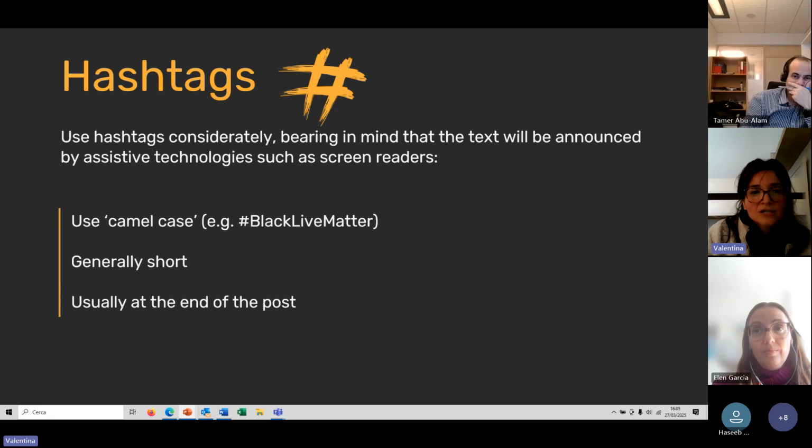So when you use a hashtag, you should always use camel case, I mean, the capital letter at the beginning of every word, because that is easier for those using assistive technology. And generally, you should put the hashtag at the end of your text, and try to keep it short.